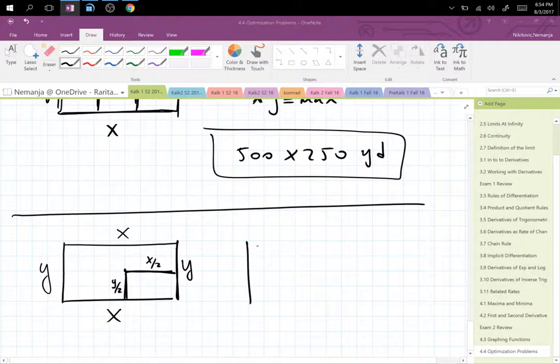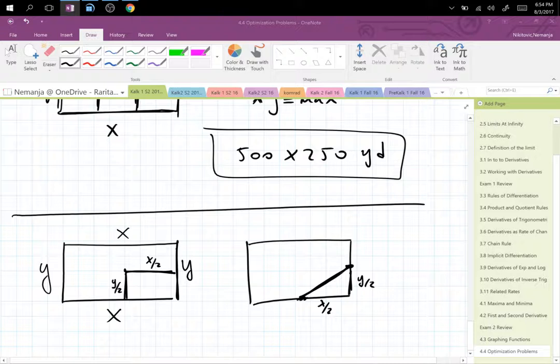You want to make it worse? That's fine. You can go like this and say halfway here and halfway here, do the diagonal. It doesn't matter, because you know that this is y over 2, and you know this is x over 2, so use the Pythagorean theorem to figure out that length.